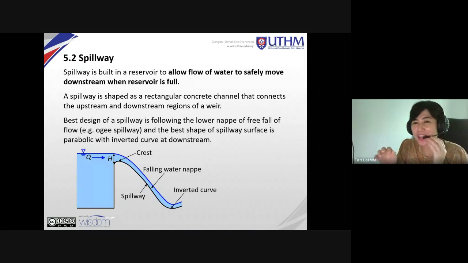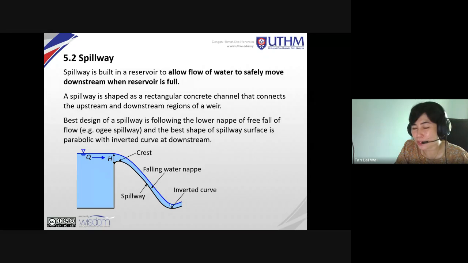Spillway is built in a reservoir to allow flow of water to safely move downstream when the reservoir is full. Imagine if the depth of water behind the dam is so high, above the crest, of course it will spill out. So the spillway provides a safety measure.